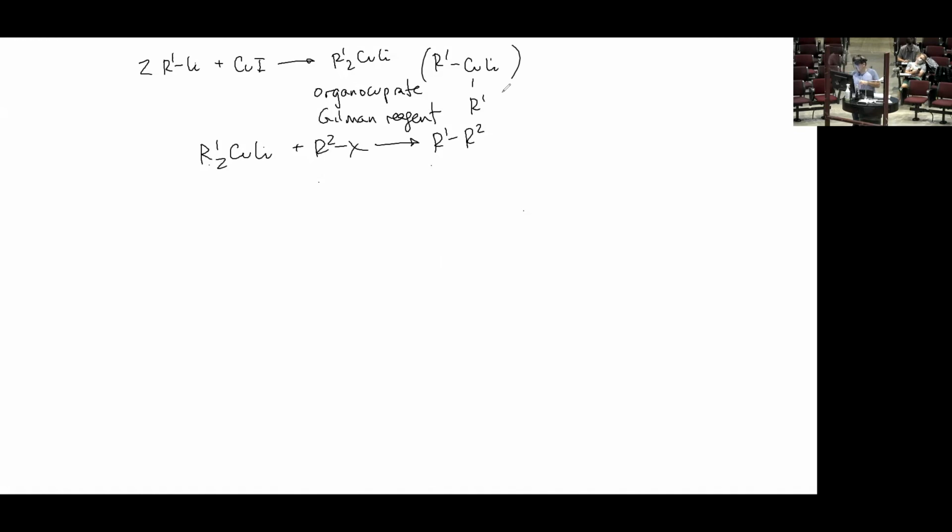Now, it's not going to be the only product. There are going to be some inorganic side products as well, one of which I would expect would be the lithium halide, lithium iodide, bromide, or chloride. And you will also unfortunately get R1 copper. This species here has just 1 alkyl group attached to the copper.